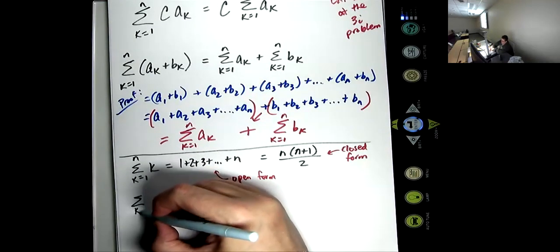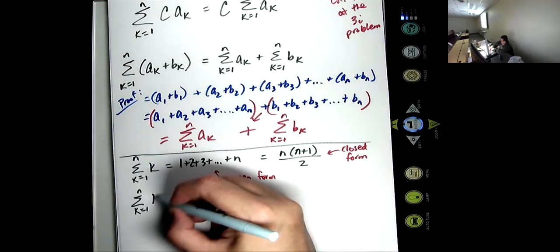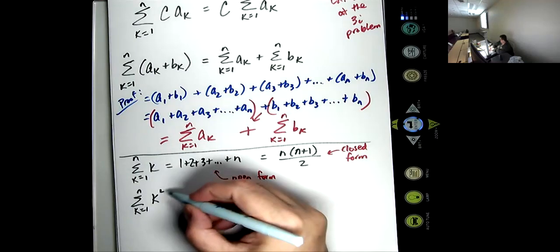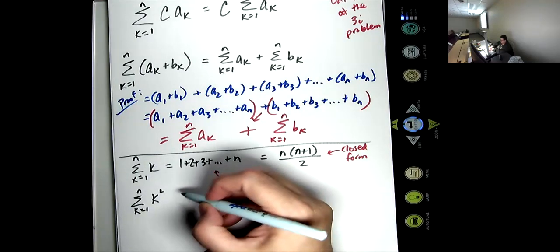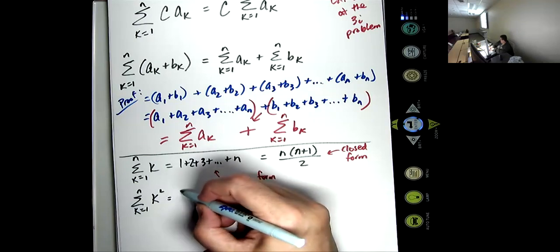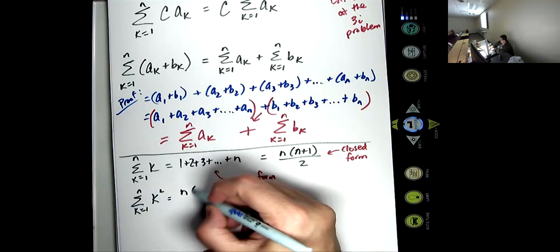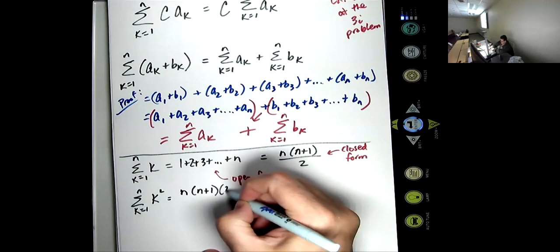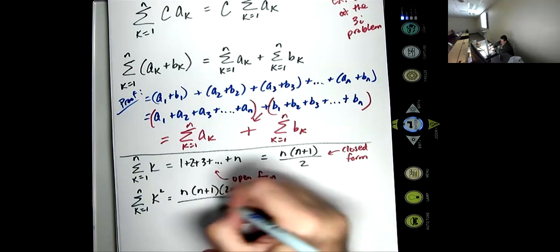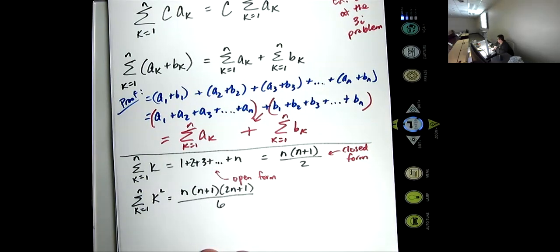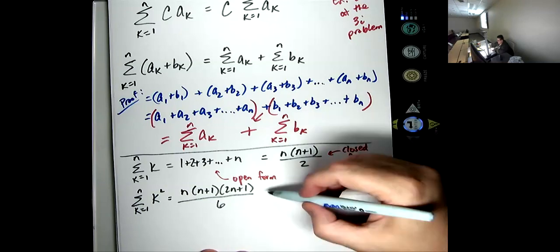Sum of k equals 1 to n of k squared. These are a lot less fun. That's the condensed form.